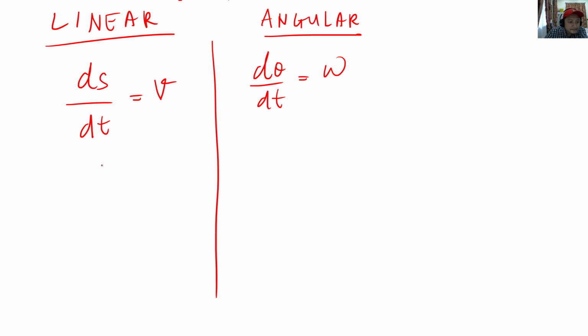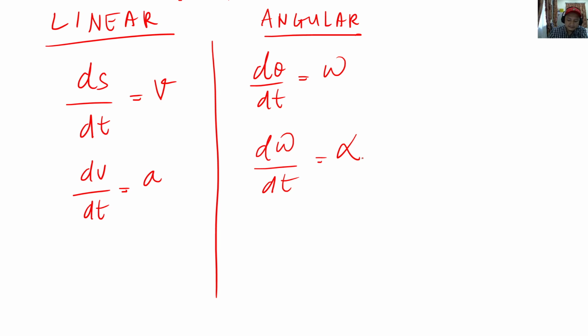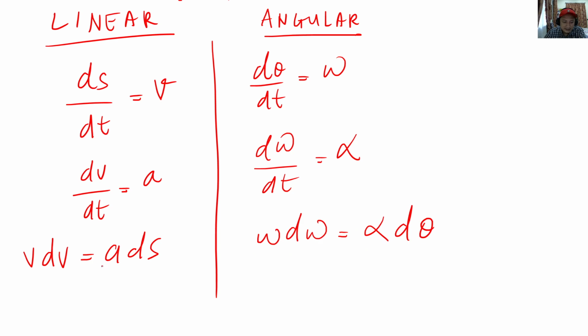What else? dv over dt is equal to a. Now d omega over dt is equal to alpha. Similar thing. Last time we had v dv is equal to a ds. Now we have omega d omega is equal to alpha d theta.